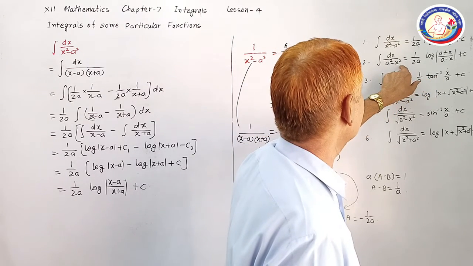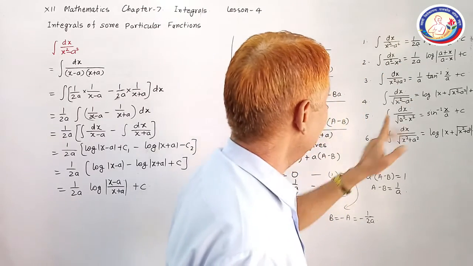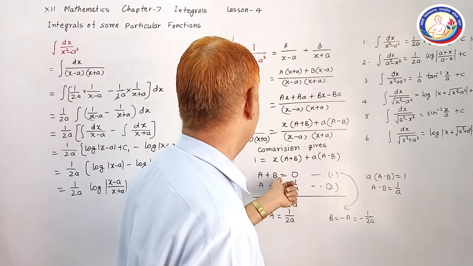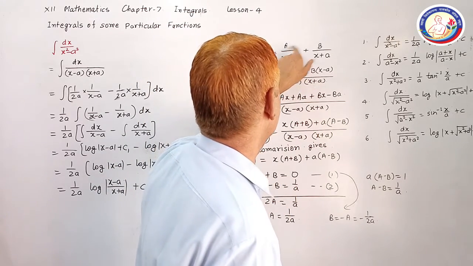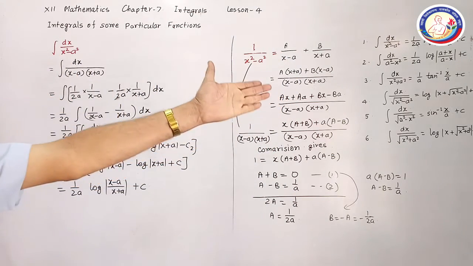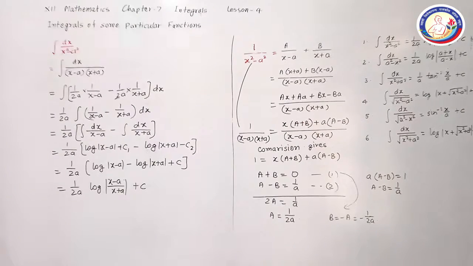Here a square minus x square, the factors are a minus x and a plus x, and proceeding in the same manner, if we find the value of a and b, like here, we will have two parts here, and then we can integrate the given function, dividing it into two parts.